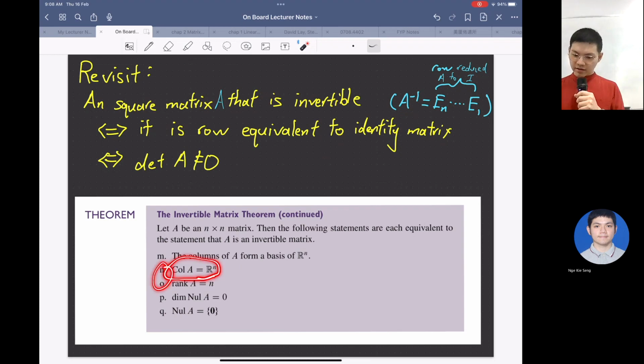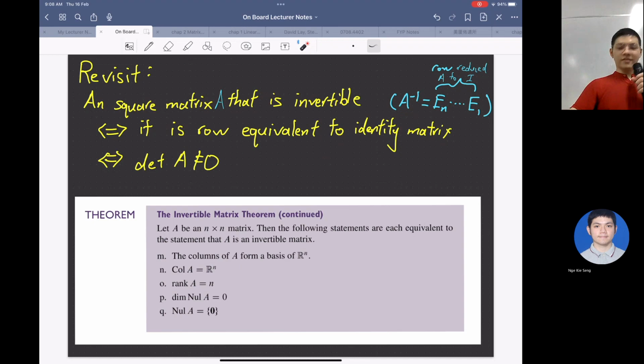This implication, n to 0, is immediate, right? Is it immediate? Rank of A is what? Dimension of Col A. So dimension of Rn is what? n. Okay. Because there are n basis vectors, right? Okay.